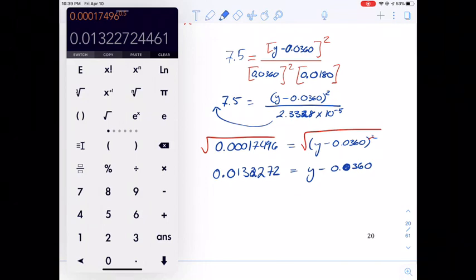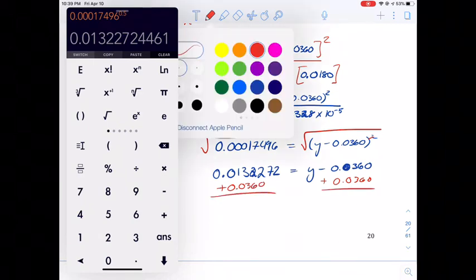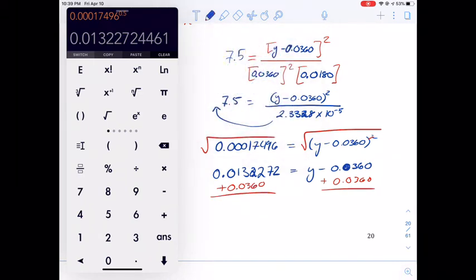Okay, so now I can just move that number over by adding that number to both sides. And so the result is the total number, which is 0.049227 equals y.